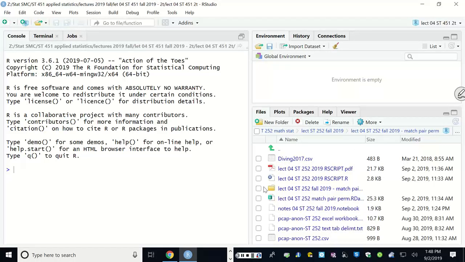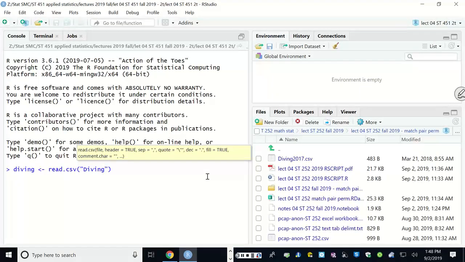I'm seeing that one, and I would like to read it in. So I'd like to do read.csv and get that diving data set into R. I know it has headers, so I'm going to put that. That's the default anyway, but sometimes I like to be explicit.